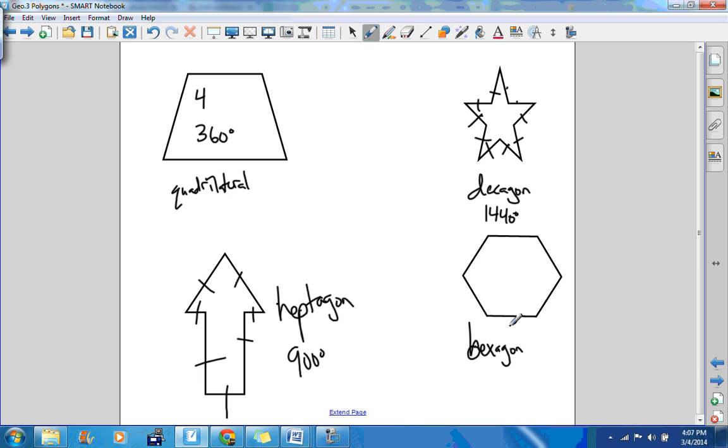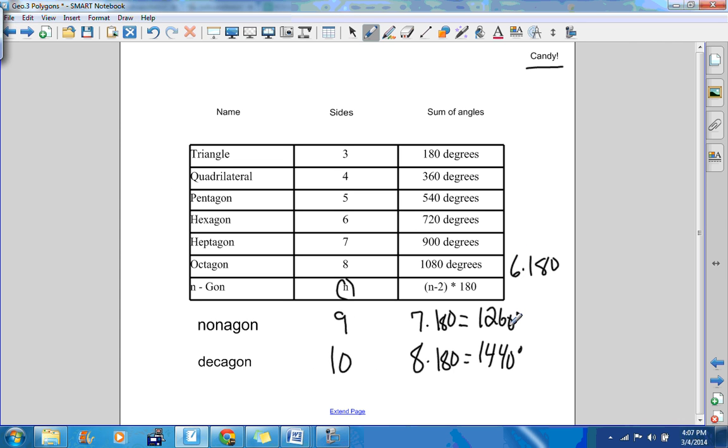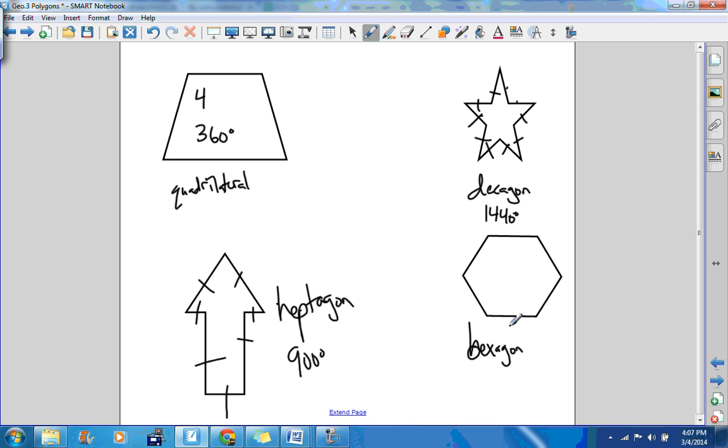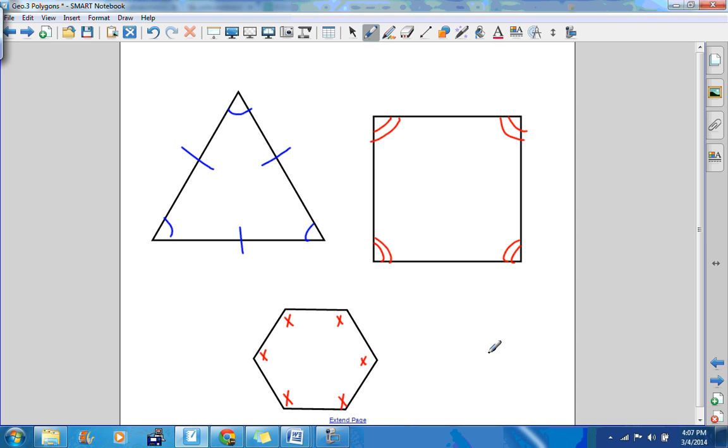And so that would be 720 degrees. Let me spell that a little better here. There you go, hexagon.